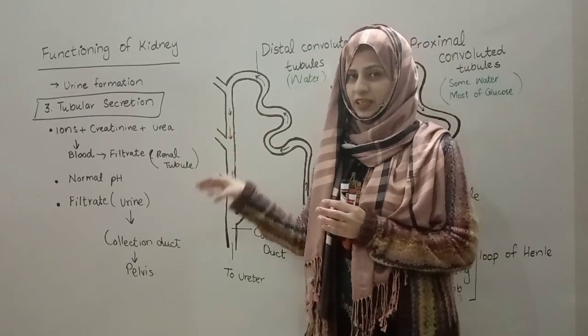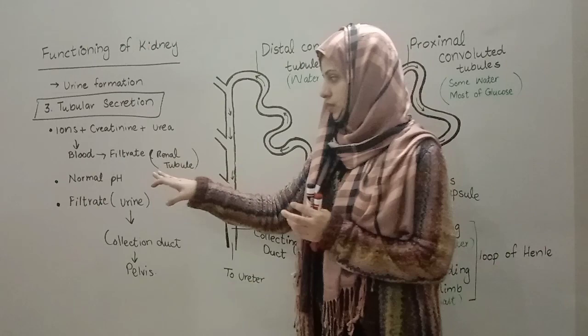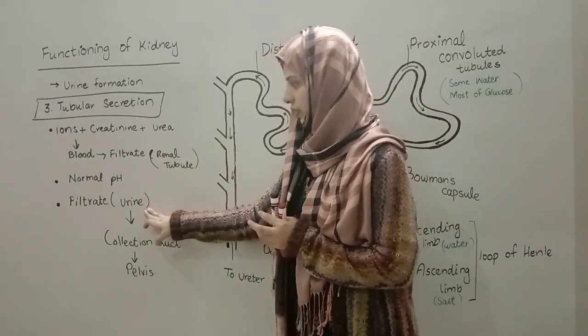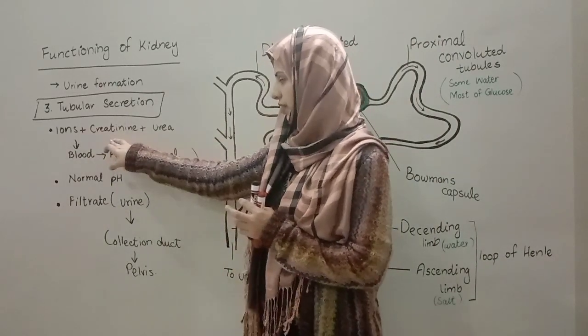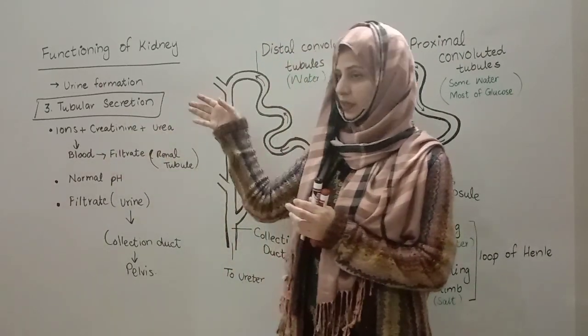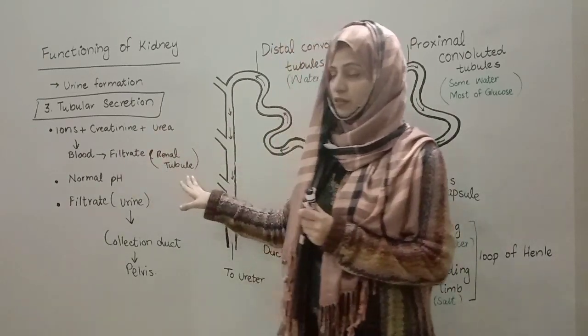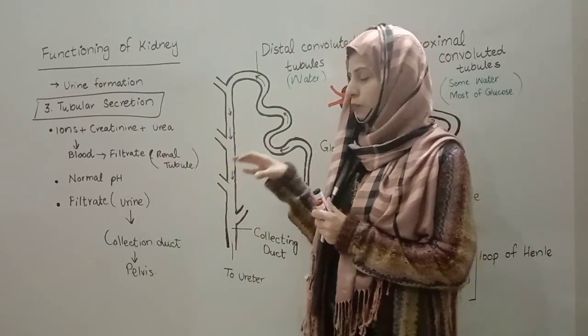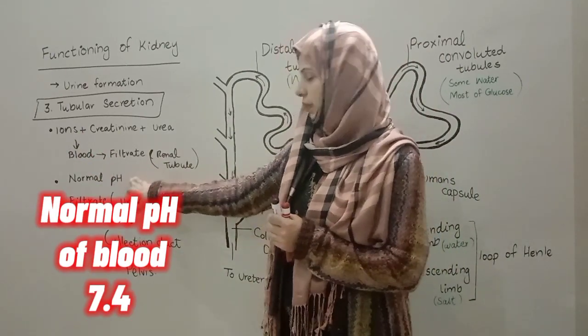The filtrate present in the renal tubule is now called urine. These things are secreted into the filtrate just to maintain the normal pH of blood.